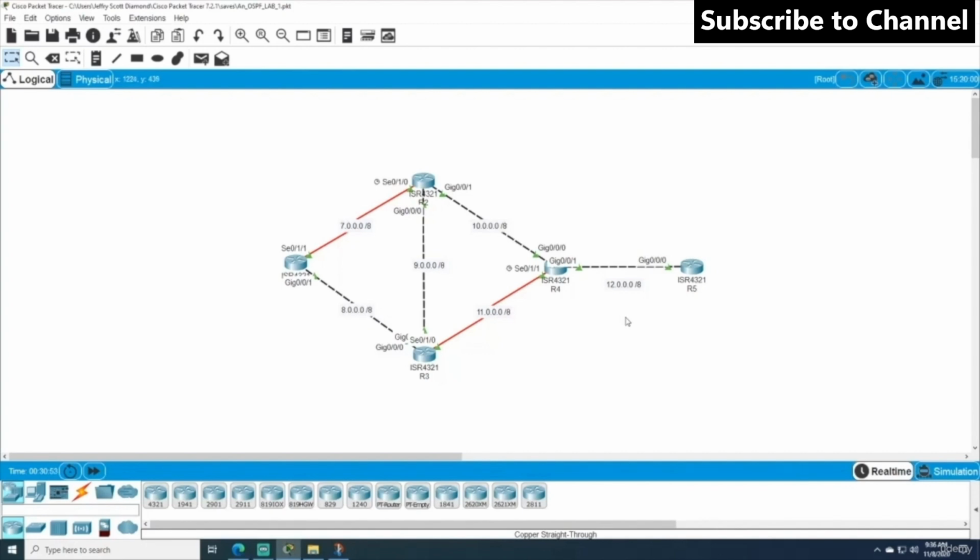So at this point you might be wondering, why do we even need stub areas? Well, stub areas improve efficiency within an OSPF topology. So let's pretend, for example, there is some internet over here, and that router 1 is our gateway to the internet. This would make router 1 the ASBR, the Autonomous System Border Router. So every time this router learns about a new network out here on the internet, what's it going to do?